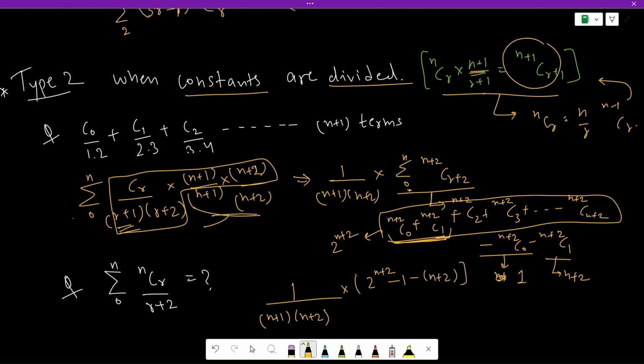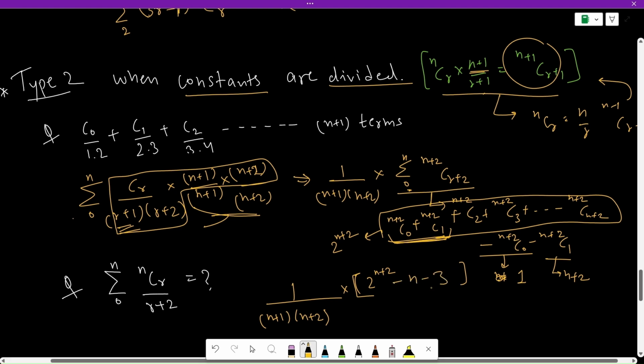Now we can solve it. This will be minus n and minus 3. Let me just write it here, minus n minus 3. So this is the final result.